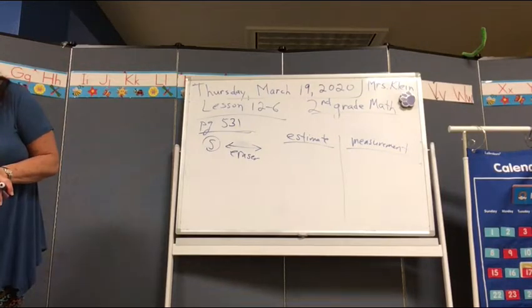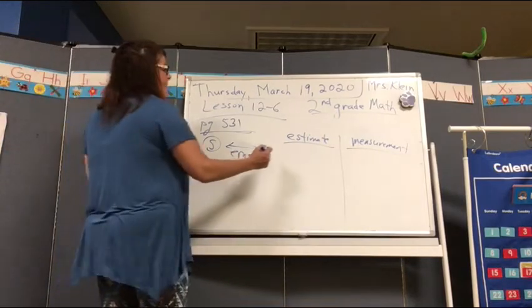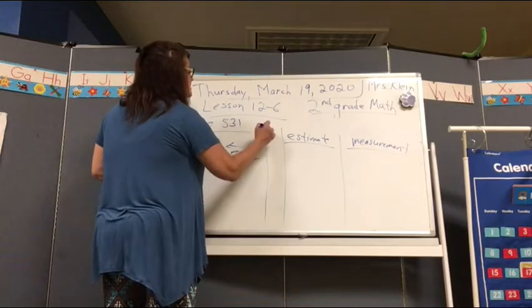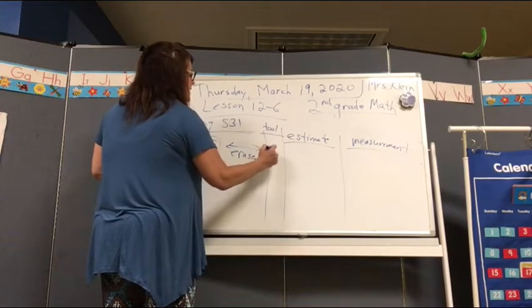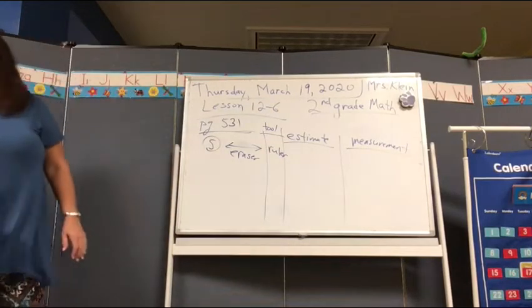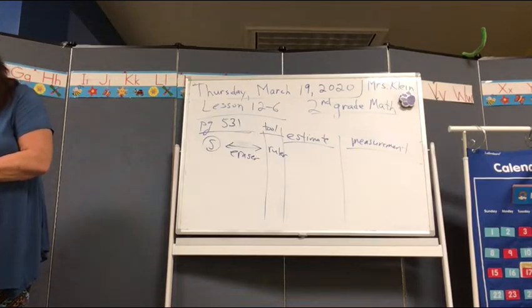The tool I would use to measure an eraser, this is my tool column, is a ruler. So you guys can measure your eraser and put in your estimate and your measurement. All of your answers are gonna be different.